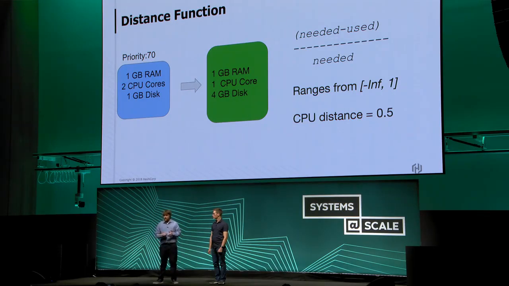We take each dimension and we take the resource needed minus the resource used over the resource needed. And that gives us a value between negative infinity and 1, where 0 is a perfect fit, and that's the closest that we can get to fit. So we take those and we combine those with that sum of squares, and that gives us the score for that allocation.